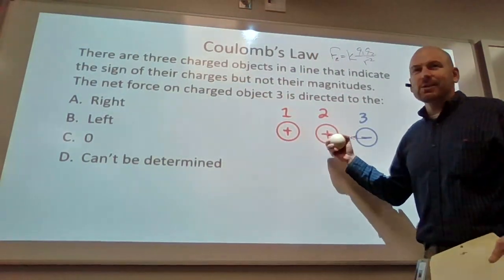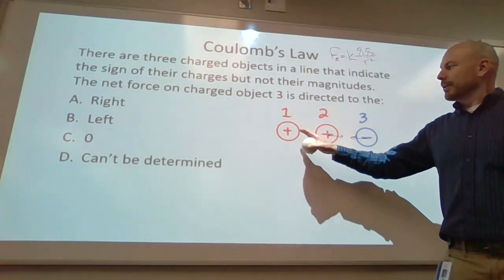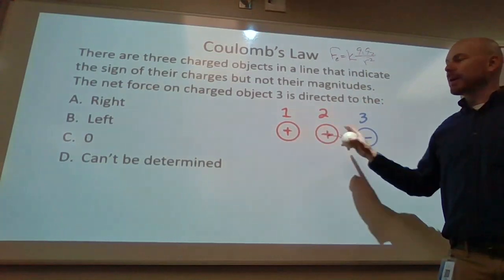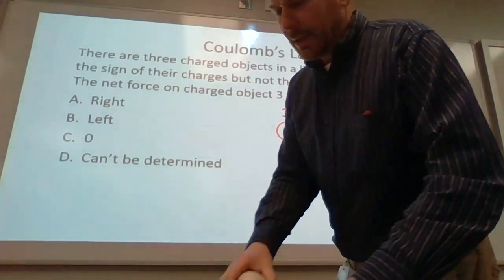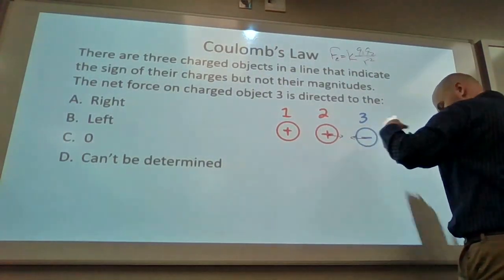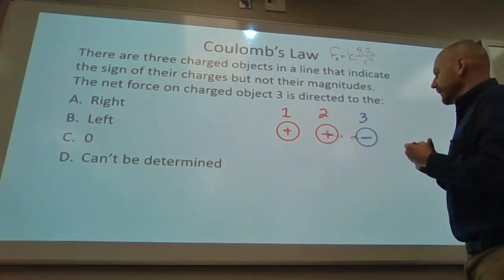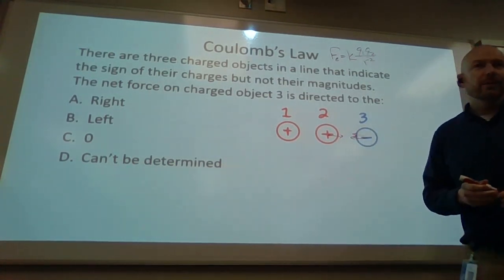So the fact that 2 is here does not do anything to the electrical force between 1 and 3. So to calculate that, we would simply just ignore that completely, and we would say between 1 and 3, there's a force of attraction going that way.